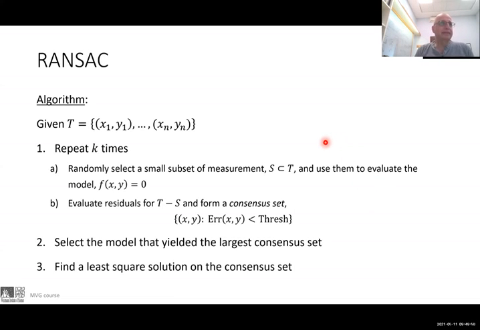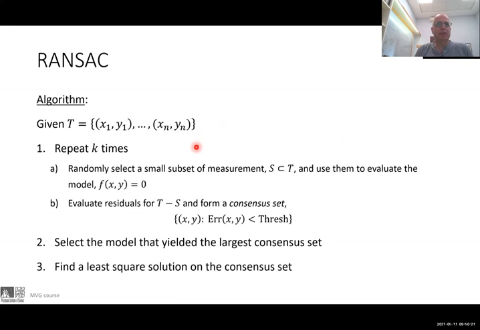So how does it work? The idea is, given a set of points, for example a set of matches, or any other pairs of things, (x_i, y_i).